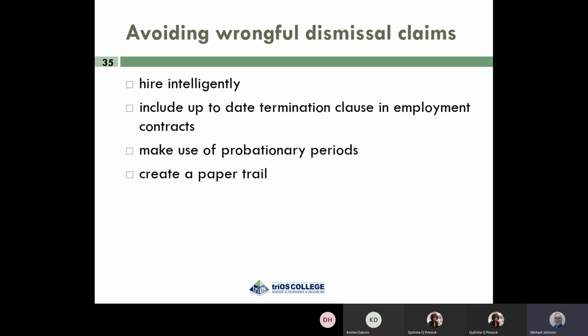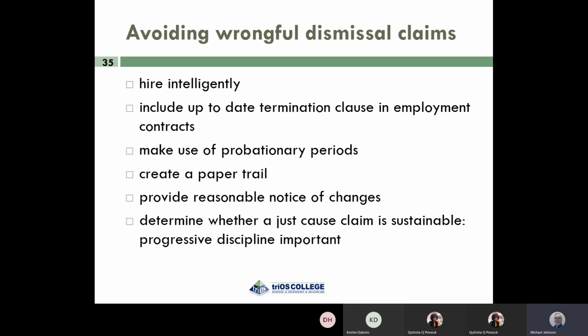Creating a paper trail, we've talked about this, document everything. And also making sure that people are very much aware of when changes are taking place. This is why a lot of companies nowadays follow the Disney model. The Walt Disney Company, Disney itself, actually has a lot of training videos and training programs for managers, supervisors, and employees.